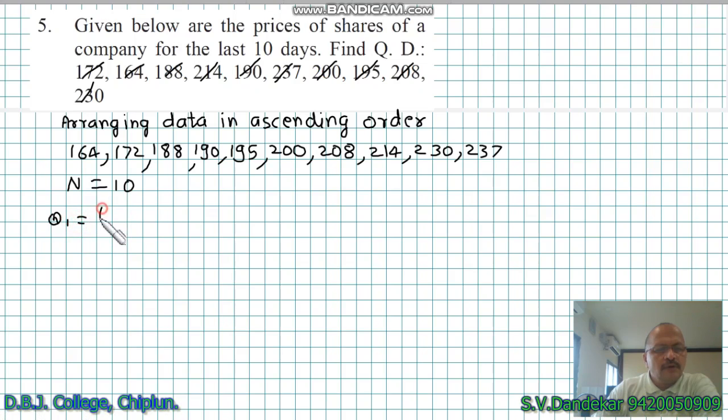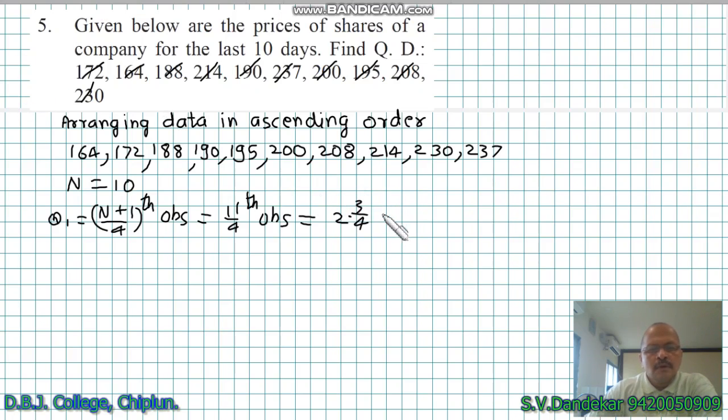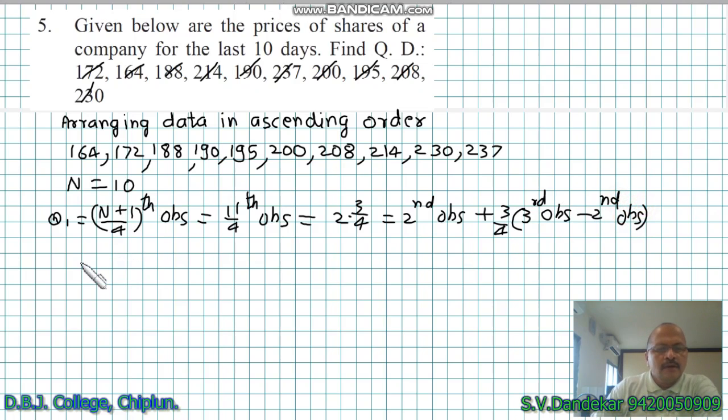So Q1 is equal to (n plus 1) upon 4th observation, equal to 11 by 4th observation, equal to 2 3 by 4, that is second observation plus 3 by 4 times (third observation minus second observation), equal to second observation is 172 plus 3 by 4 times (third observation is 188 minus 172).